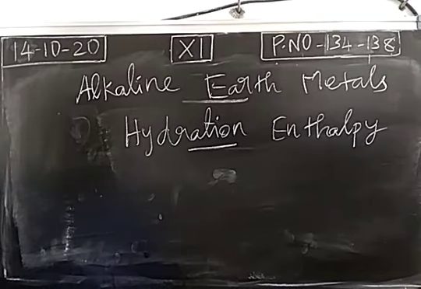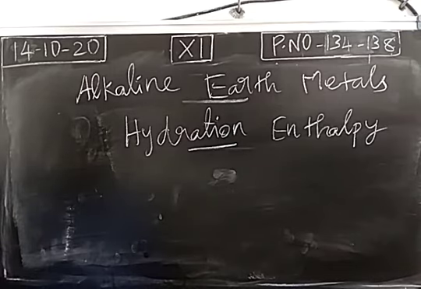Based on that, we can find the solubility, whether this is soluble or not, based on the hydration enthalpy value. So comparing alkali metals, alkaline earth metals will have more hydration enthalpy. Hydration enthalpy value is more for alkaline earth metal.